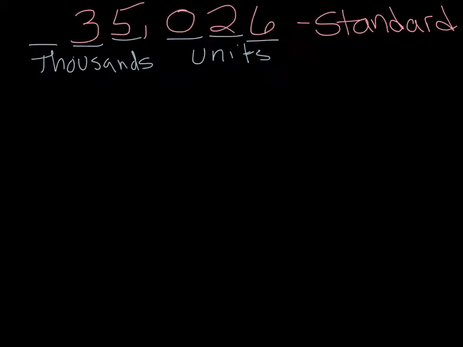We're separating the units from the thousands with a comma. And we put a comma every three numbers to separate our units from our thousands, from our next three digits, which would be our millions, and then our billions.